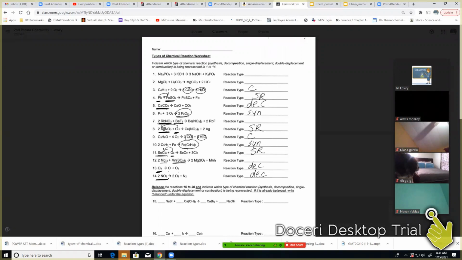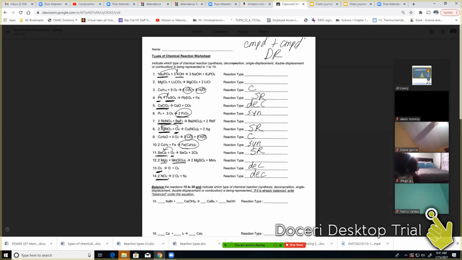So the last thing that we have is a double replacement, and a double replacement is the most complex: compound plus compound. This is going to be my double replacement. And remember, the metals switch places. So if you look here at number 1, sodium phosphate, potassium hydroxide, definitely 2 compounds.